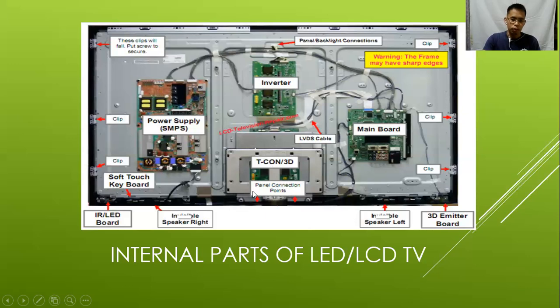Then the timing control circuit. The timing control circuit is responsible for vertical and horizontal display, and the LVDS cable. So all the low voltage differential signals will pass through this LVDS cable going to the timing control circuit.